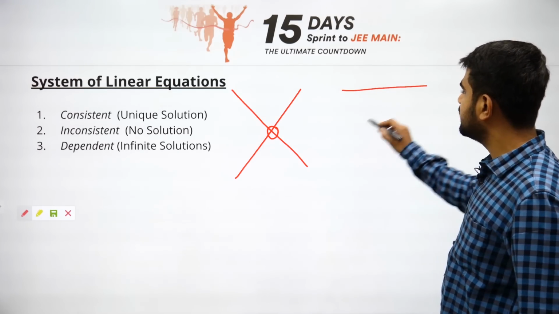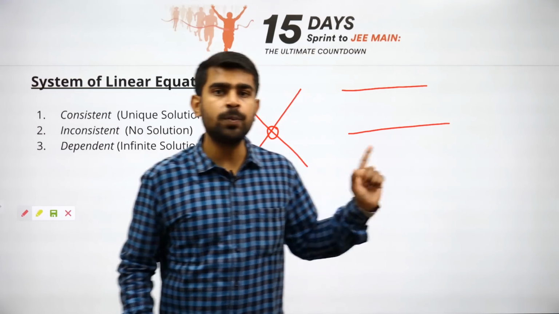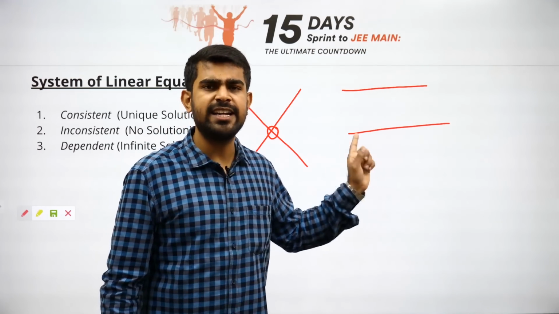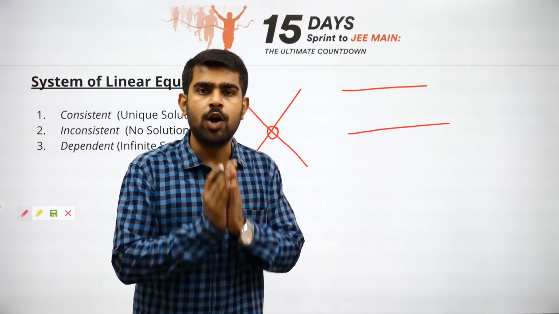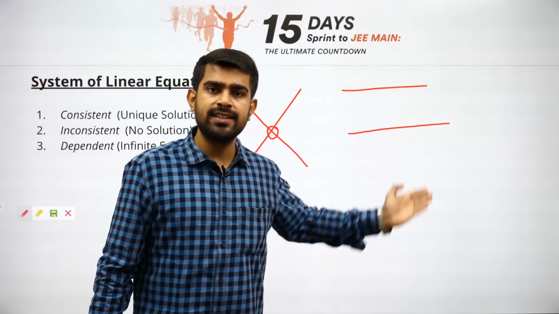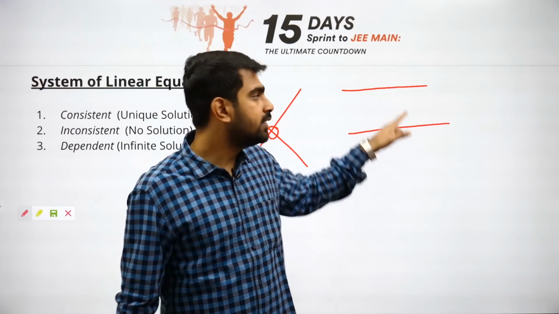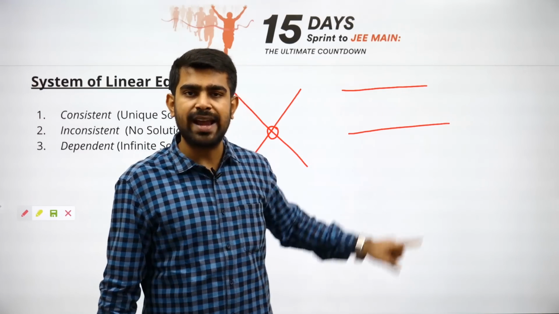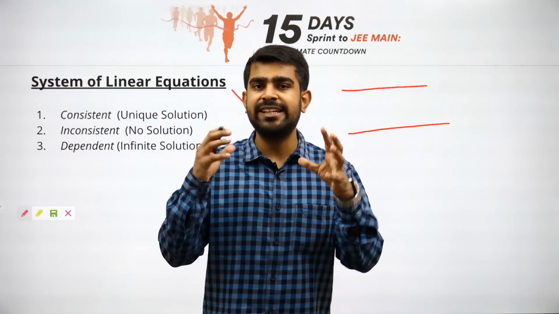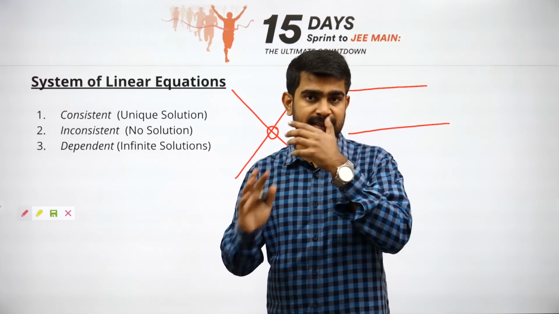As you can see, will these 2 parallel lines have any solution? No, not at all, because they do not intersect. If they do not intersect, how can I have a solution? Therefore, these two lines form an inconsistent system of equations.